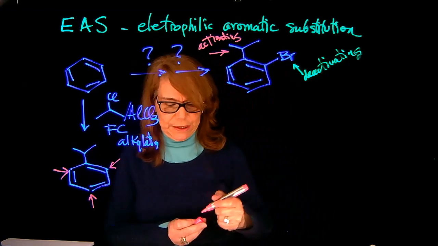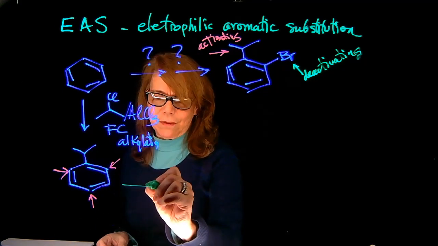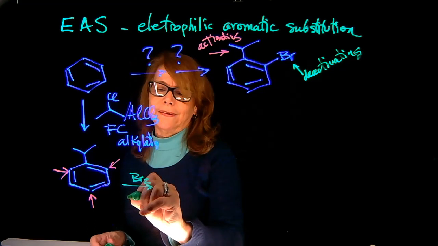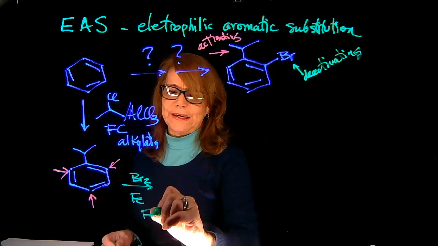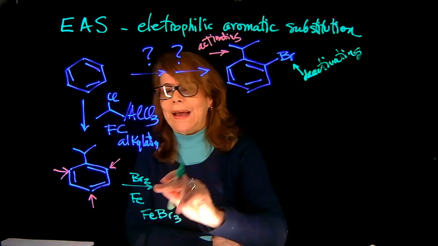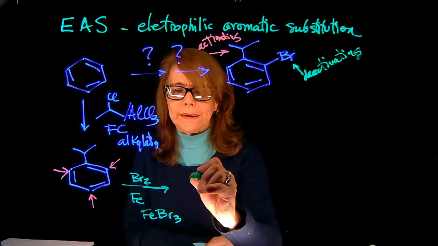If I do the bromination directly on this, say I use bromine and iron, which in situ will generate iron tribromide, my Lewis acid, what will happen in this case?